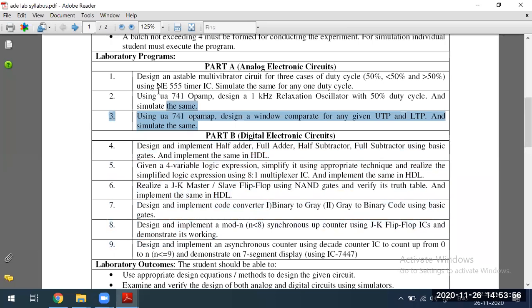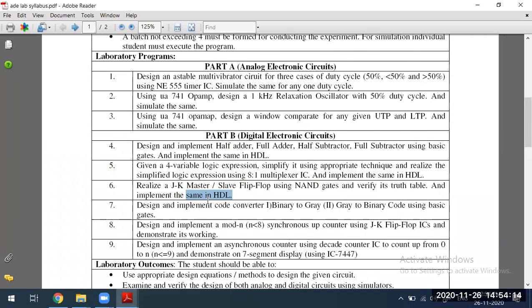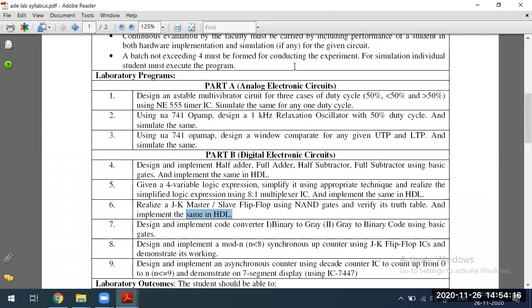In 3 of these experiments, there is simulation also. In the software, you have to do it. That is the HDL. Also, in the same way, hardware you have to do it. Since you are not in the college, what we can do is this simulation part.